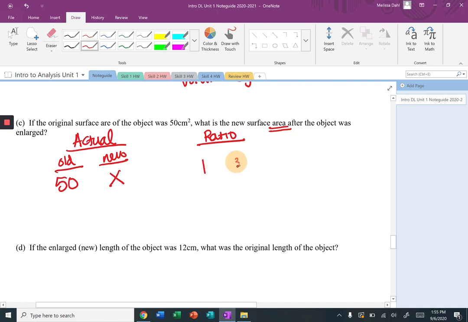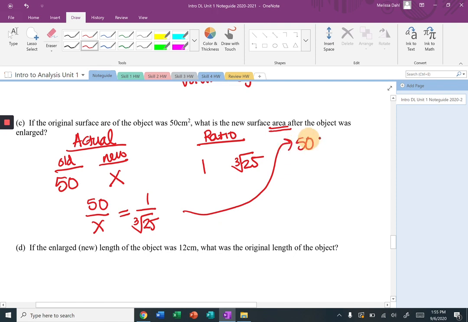So then our proportion is going to say 50 gets turned into x, just like 1 gets turned into the cube root of 25. And we can cross multiply to solve this. So 50 times the cube root of 25 is just going to be written as 50 cube root of 25. And 1 times x is x. And that is our answer. X is 50 cube root of 25, and it was area, so it would be centimeters squared.